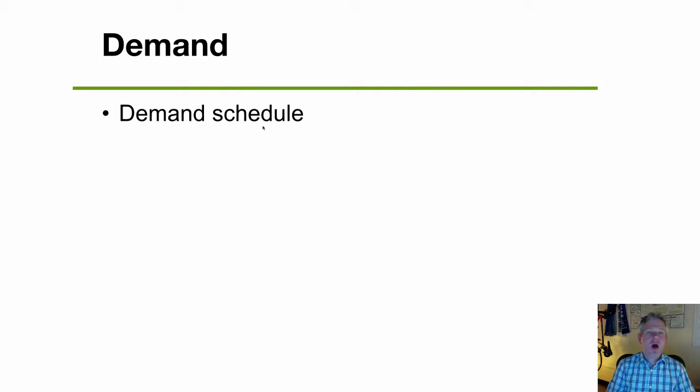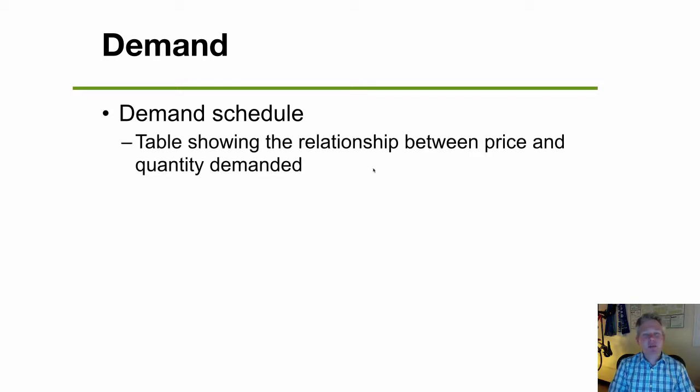So a demand schedule is a table that shows the relationship between price and the quantity demanded. I give you a price, $5, and then it tells you what the quantity demanded of, say, cups of coffee is. Let's say on SJSU's campus, at $5, the quantity demanded of coffee would be, say, 100 cups of coffee a day.